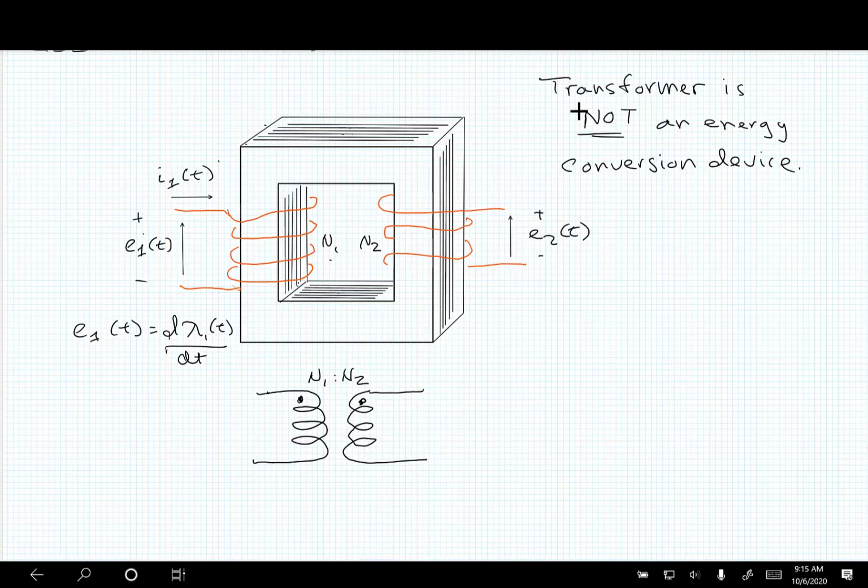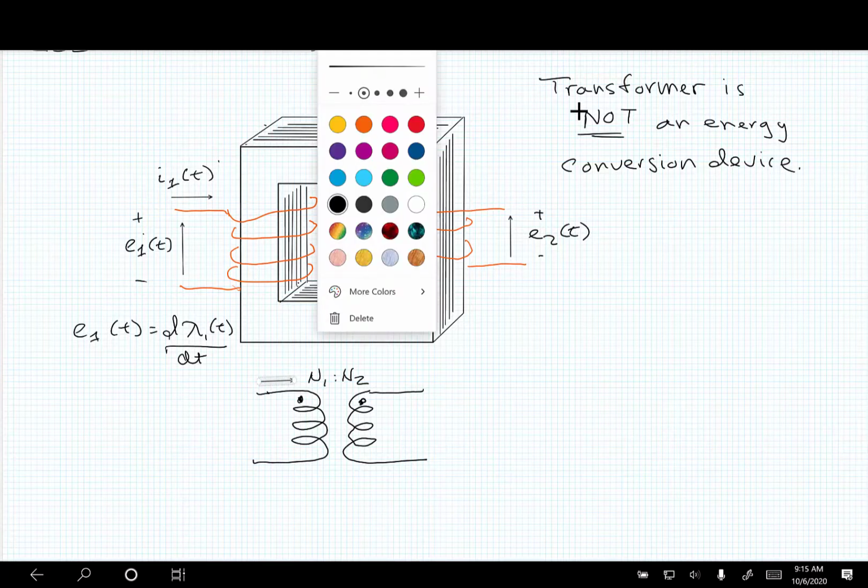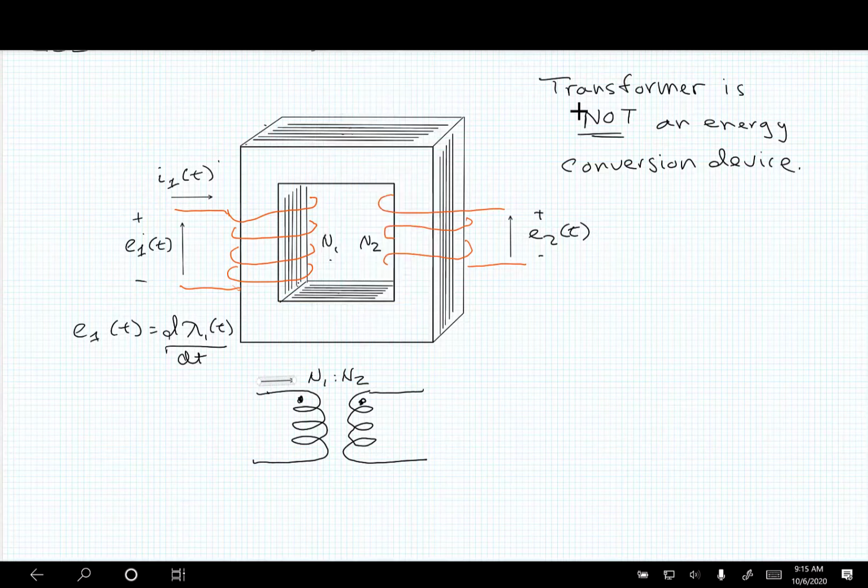And the convention for these dots is to say that the current points into a dot. So I'm going to start with this convention. There's a current flowing through coil 1 electrically. In the electrical schematic, it's pointing into the dot.